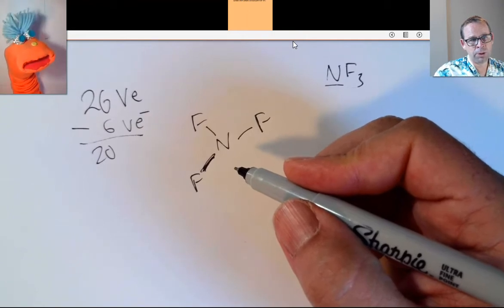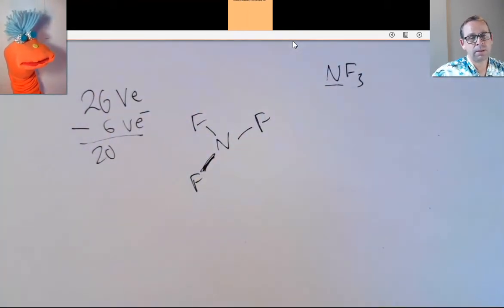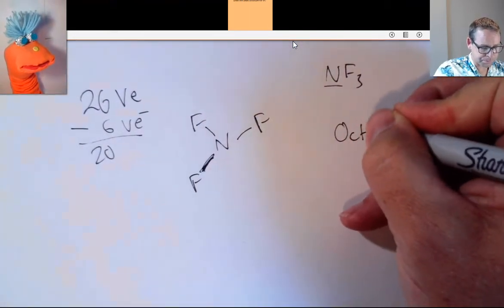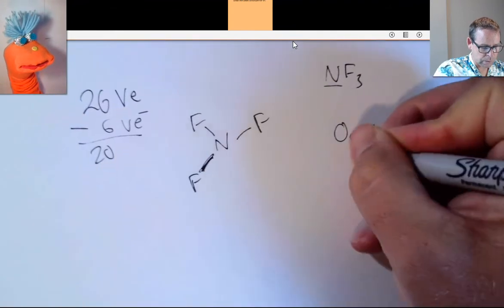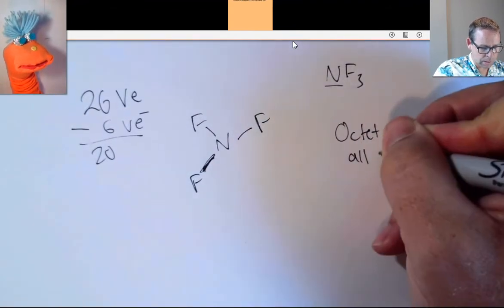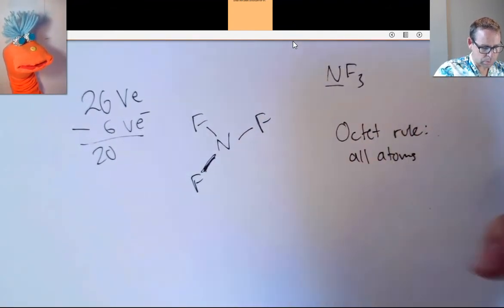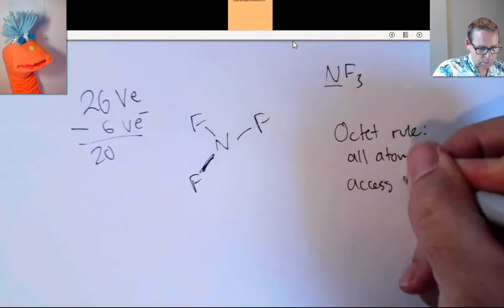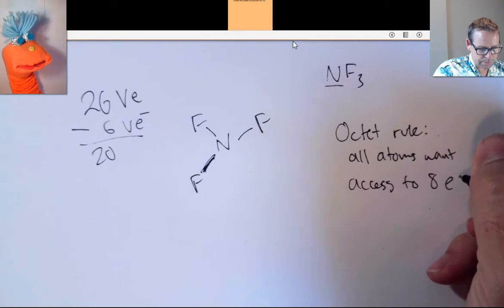How can you tell what it needs? Well, we say that every atom wants to have access to 8 electrons. That's our octet rule. All atoms want access to 8 electrons.